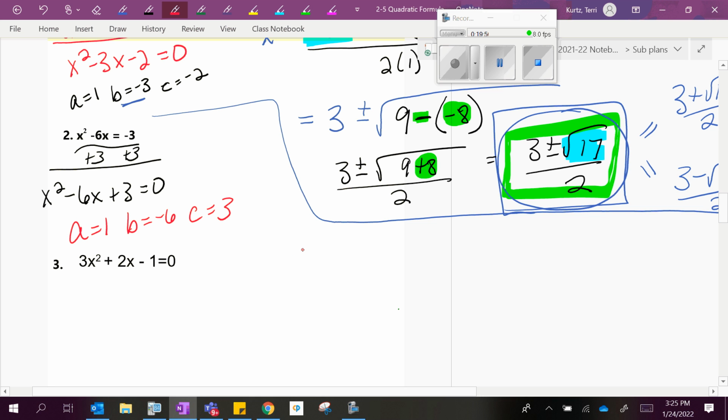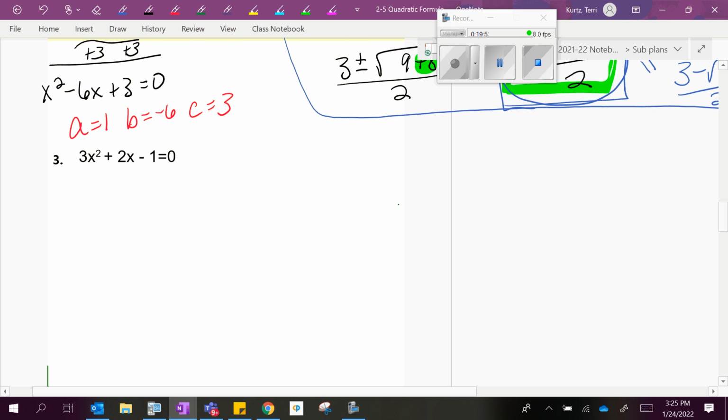Now I'm going to plug it in. So I've got x equals negative b, which is going to be negative negative 6, right?